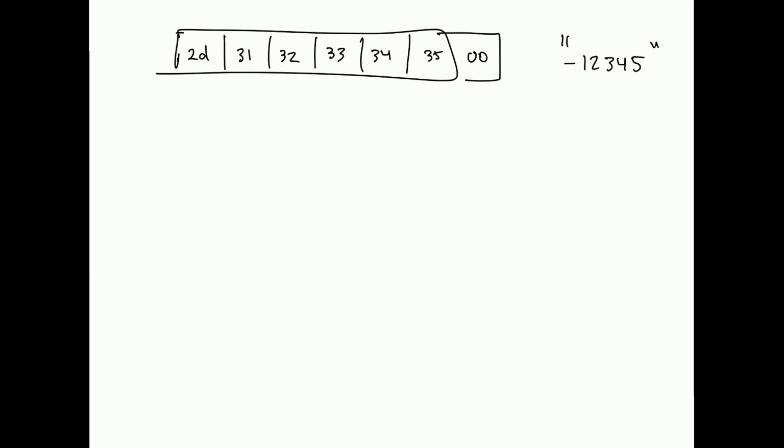Minus sign, digit 1, 2, 3, 4, 5, null terminator. Okay, it's a string. Good? Okay, so I need to know, how do I turn this thing back into a number? Okay, well, I'd start at the right in this case, and how do you know where the right-hand end is? Could you just go all the way to the null terminator and then pop one spot to the left?